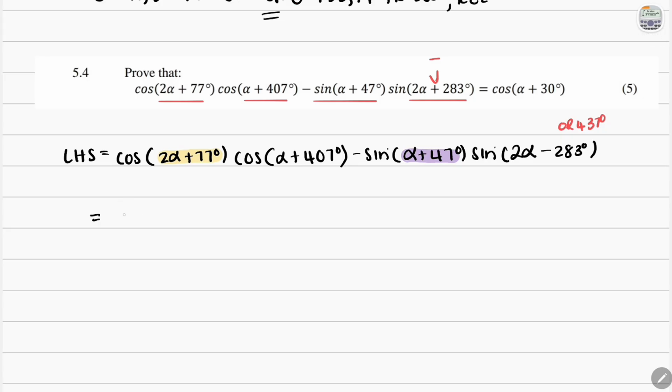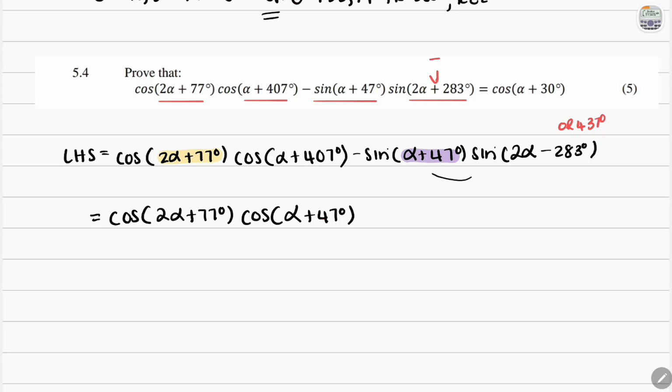When you simplify this, it would stay cos 2 alpha plus 77 degrees. This one, as you saw, if we subtract 360 degrees from this, becomes cos alpha plus 47 degrees. And then we have this.